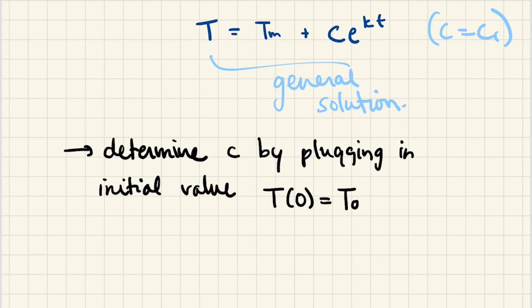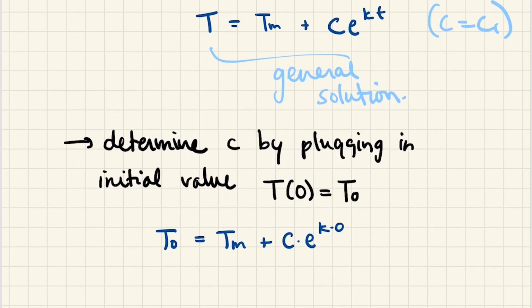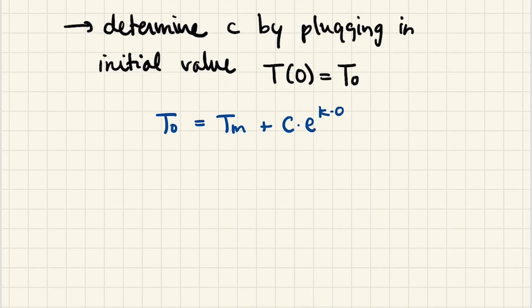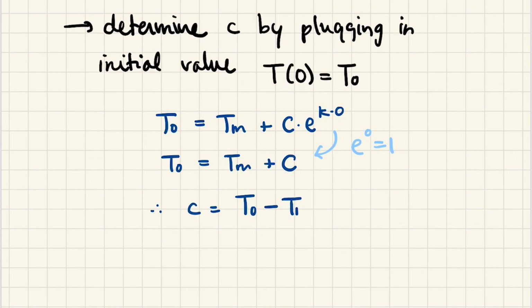So this means that capital T is T0 when little t is equal to 0. Okay, well, e to the k times 0 is just e to the 0, which is 1. So T0 is equal to Tm plus c. And so solving for c, we can see that c is T0 minus Tm.